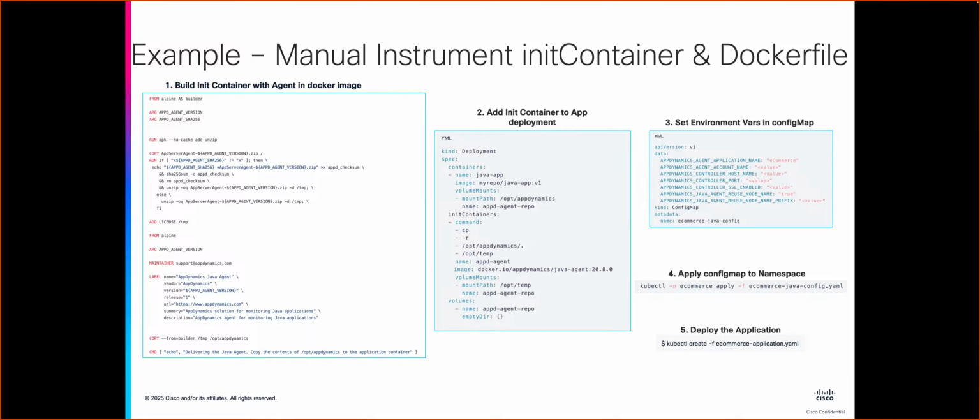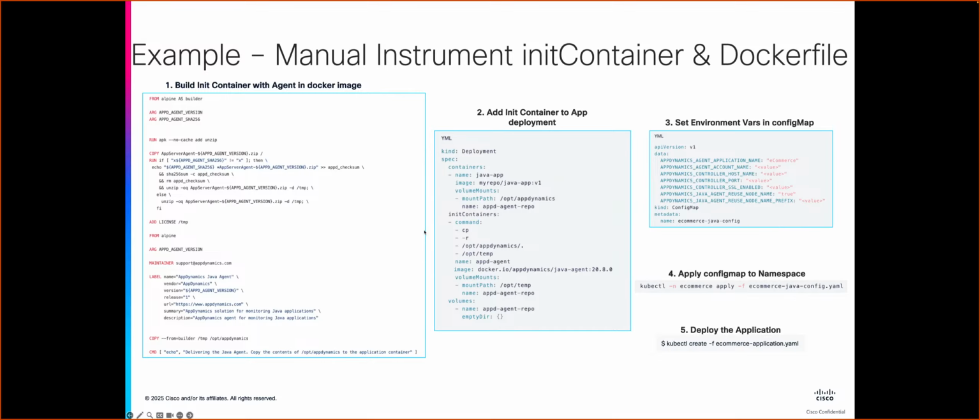So you want to point it to the one that's actually going to be utilized for whatever you're deploying, and then have that coinciding name here, as you see here, e-commerce Java config, same thing here, and then you can go ahead and deploy. Now, this is the manual process.